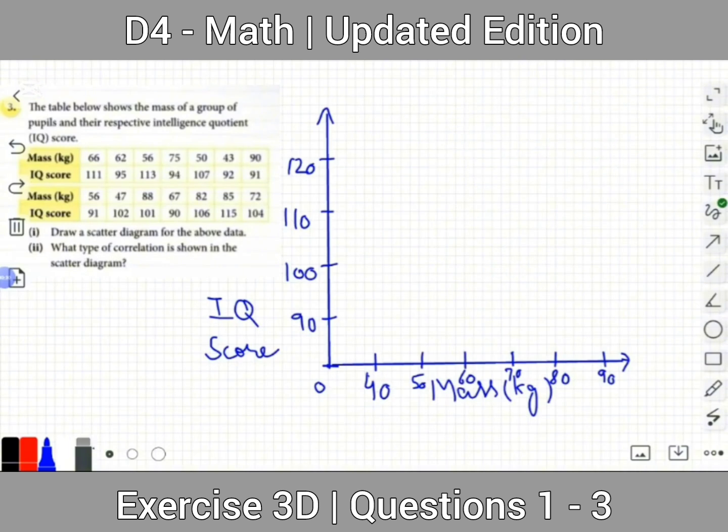Now we will draw the scatter points on the graph. So for 66 we have, here we have 60, 62, 64, 66. Here we have somewhere 66. For 66 we have 111. So here we have 111 somewhere here, and 66 somewhere here.